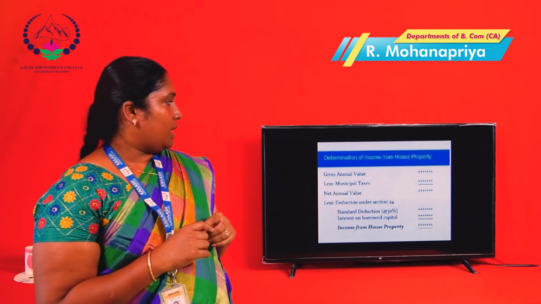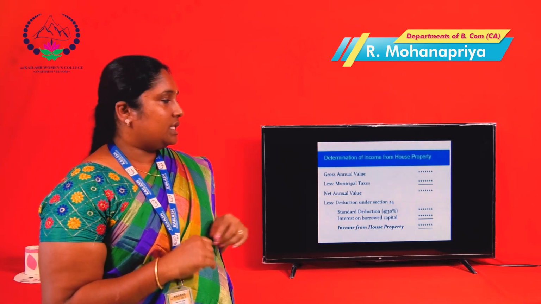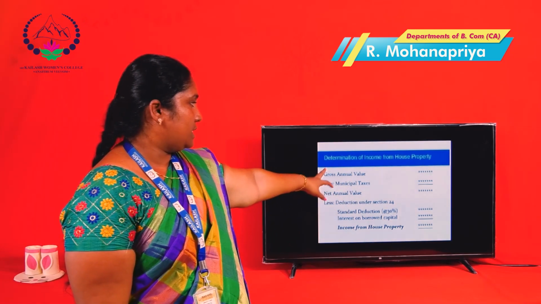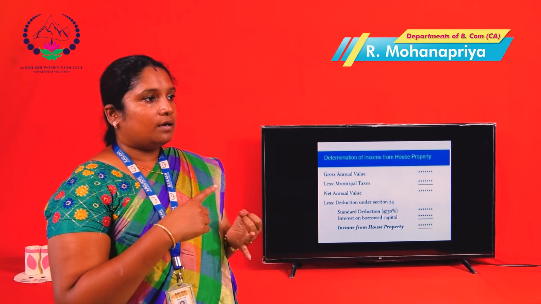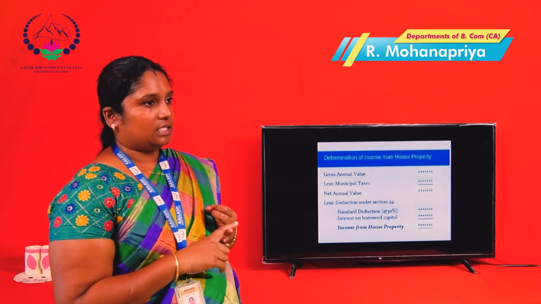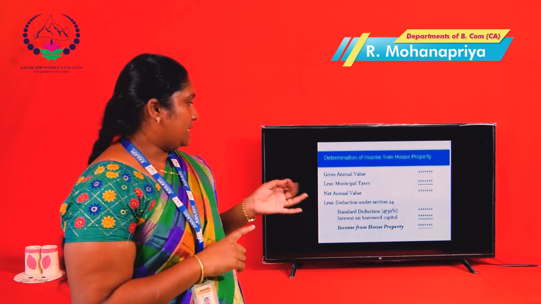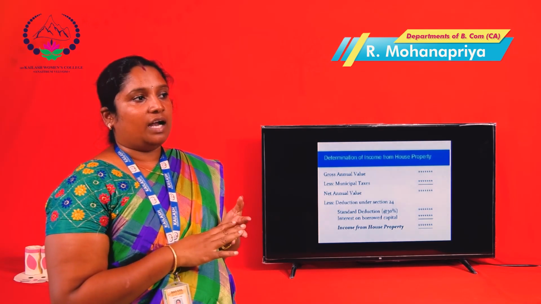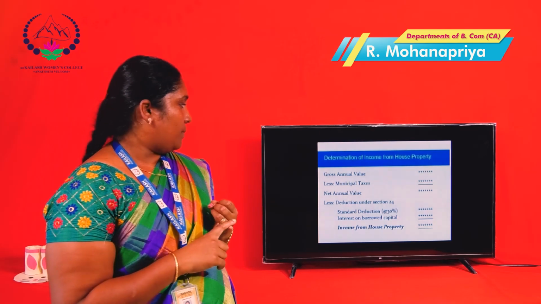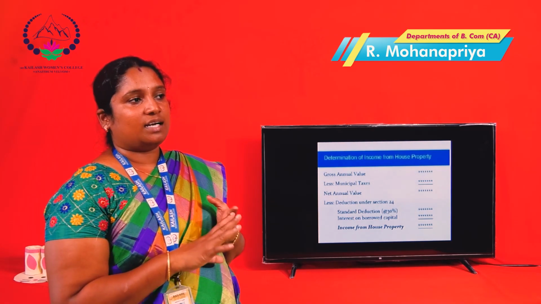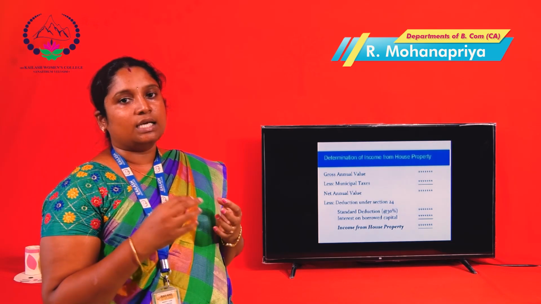Next, income from house property. The gross annual value minus municipal tax paid is the net annual value. From the net annual value, we calculate income from house property. The first deduction is the standard deduction, which is 30% of the net annual value, and then the interest on borrowed capital.